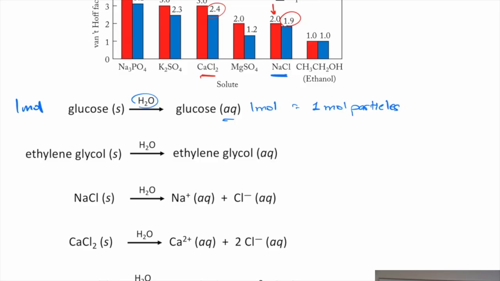I'm going to put on the right-hand side here, let's also list down what the molality will be. Molality, and we're going to put this in 1 kilogram of solvent. Okay, so here's a new heading here. So 1 mole of particles in 1 kilogram of solvent gives me a 1 molal solution.